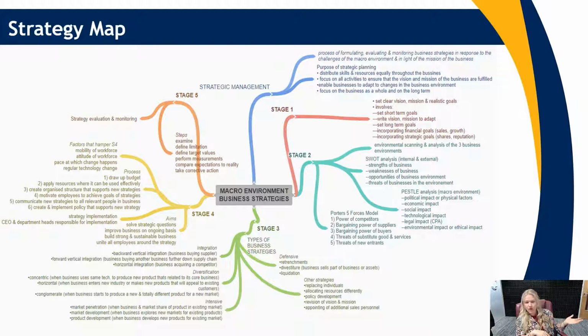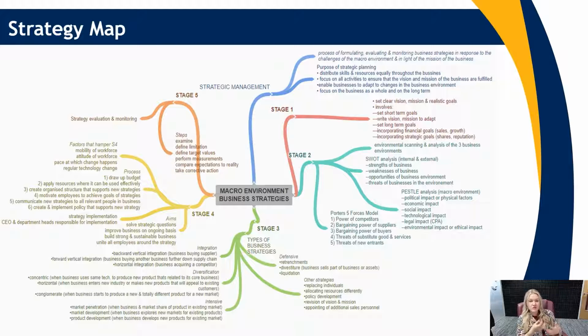So if we were to look at the first session that I did on the introduction to strategy, it looked at setting a clear vision, mission, realistic goals, and then thinking about how those goals can be met. And that's more about stage one.